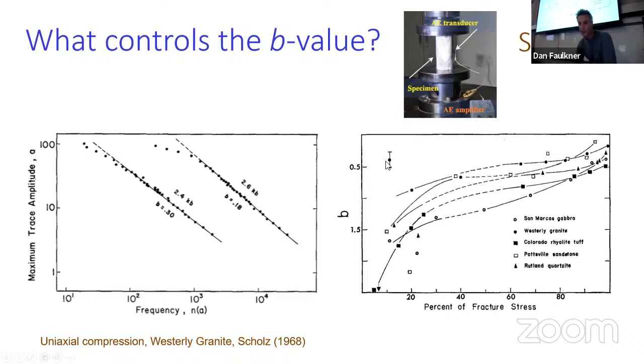What he noticed is that the more stress you put on these intact rocks, as you go towards the point where you completely fracture them and create a shear fracture, the b-value changed. So the relative amount of small events to large events changed.